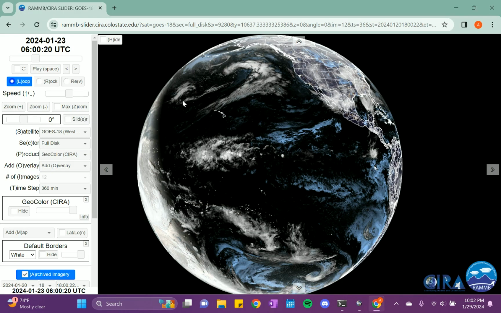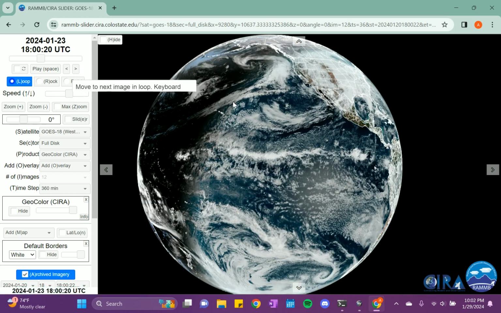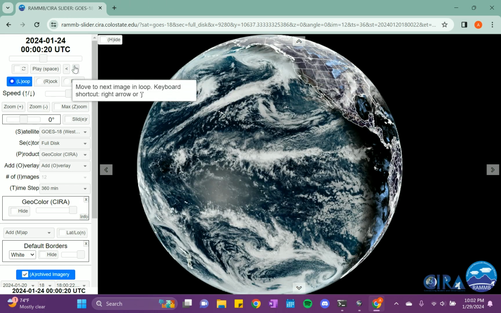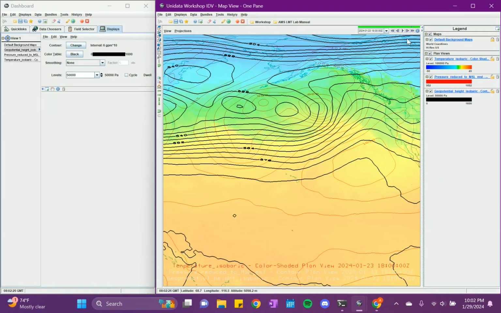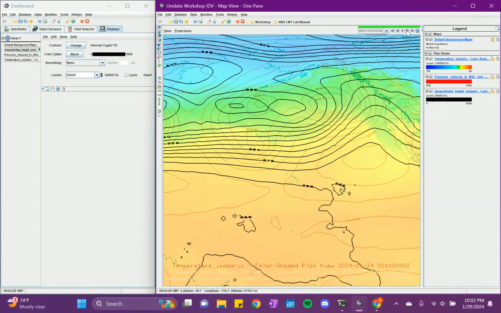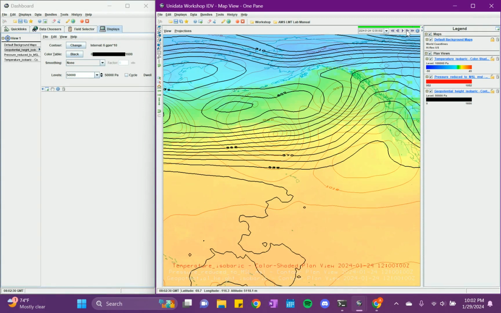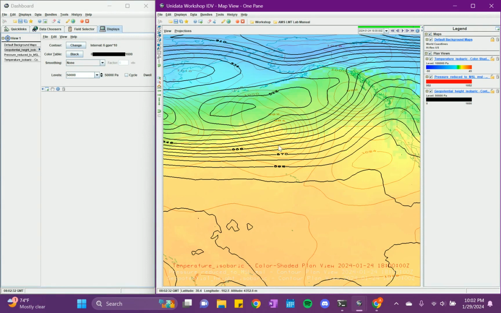But what we're keeping our eye on is this developing storm system right over here. And looking forward in time, going on another day in advance, we see how much this storm system has strengthened.